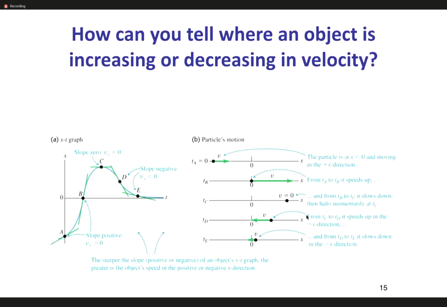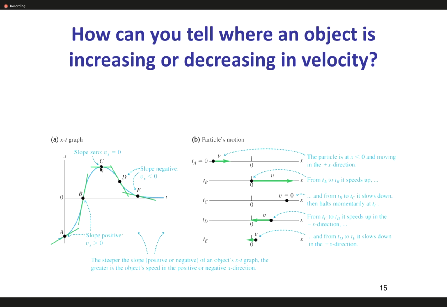So moving on, sometimes you want to know whether your object is increasing or decreasing in velocity, but you don't know the equation of your position. All you have is this diagram. But this is where derivatives come in. If you have a maximum for your position, that means that the slope of the tangent line is 0, meaning that the derivative is 0.